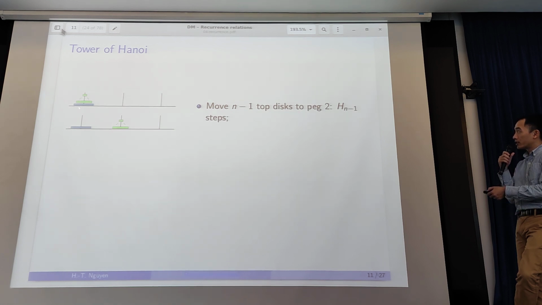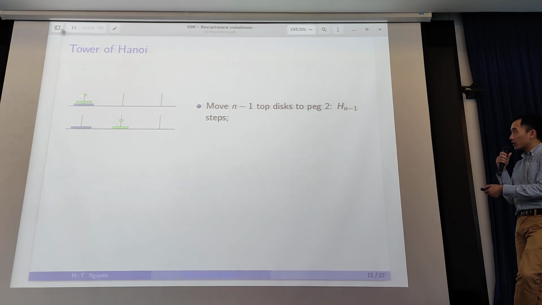So in order to liberate both this disc and the third peg, we need somehow to go from this configuration to this configuration. And if you move all the discs here to the second peg, then the only possible configuration is this one, because you cannot put a disc on top of a smaller disc.